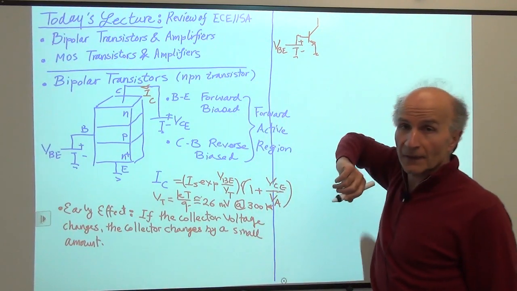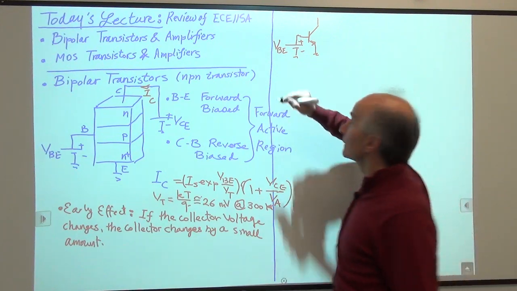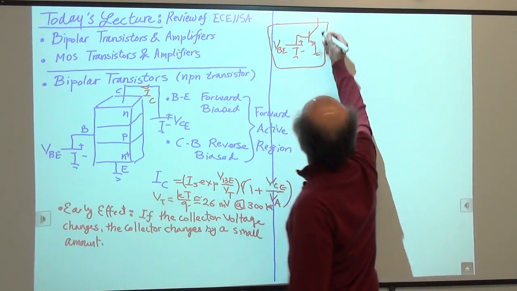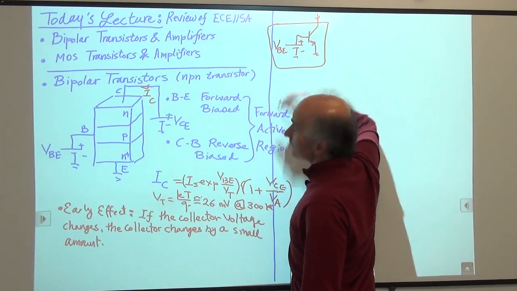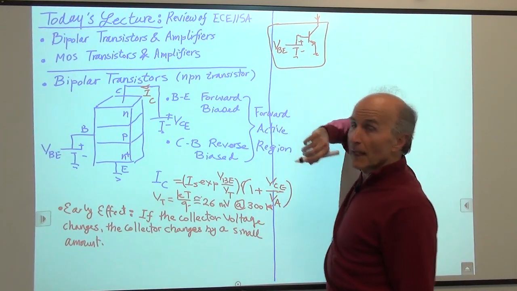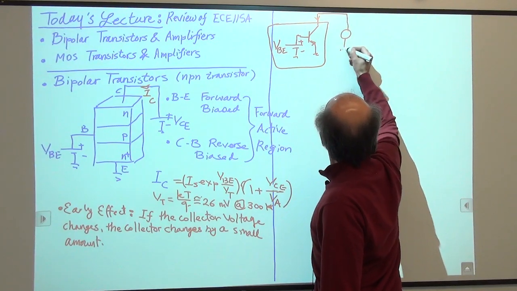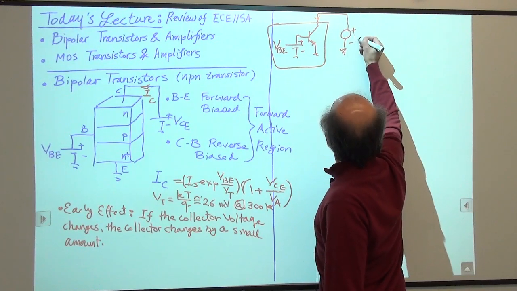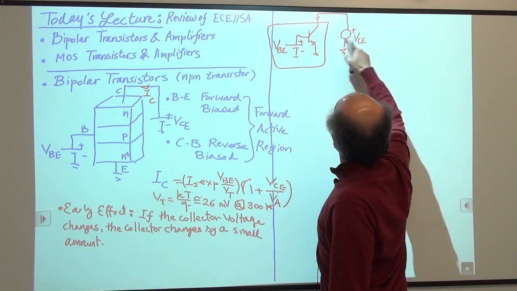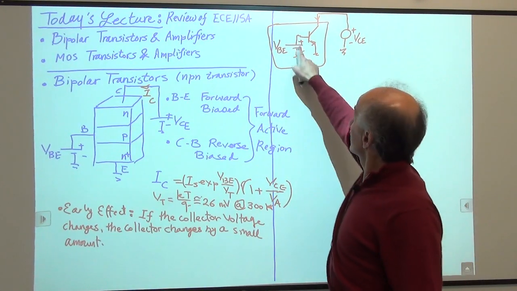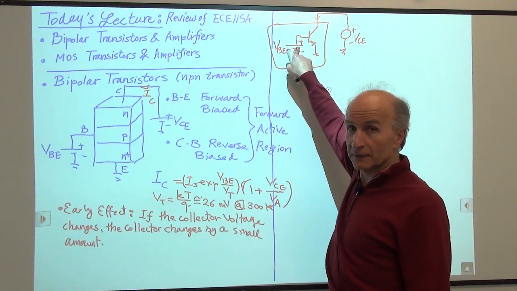And what we see is that if I put this in a black box, like so, and I examine this current I see as a function of this voltage here, VCE. So we draw this as a circle to indicate that this is possibly variable, and we draw this as a battery, indicating that it's constant.